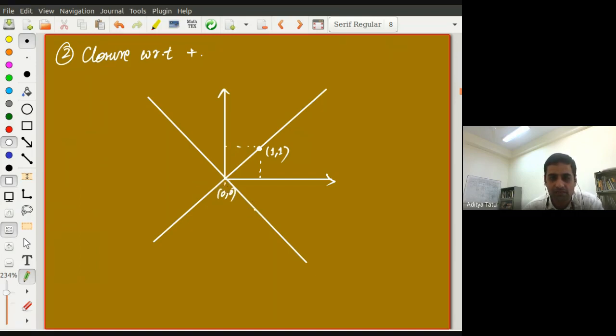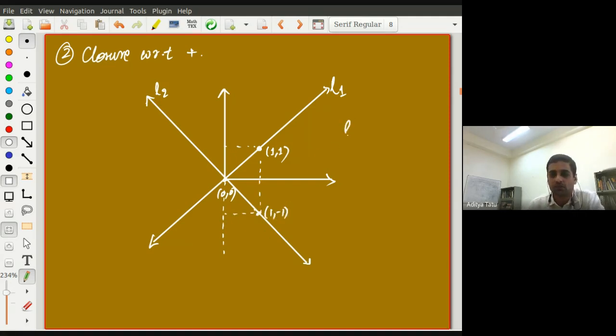Just take these two lines for now. So this is L1. This is L2. L2 is a line that passes through the origin and the point 1, minus 1.